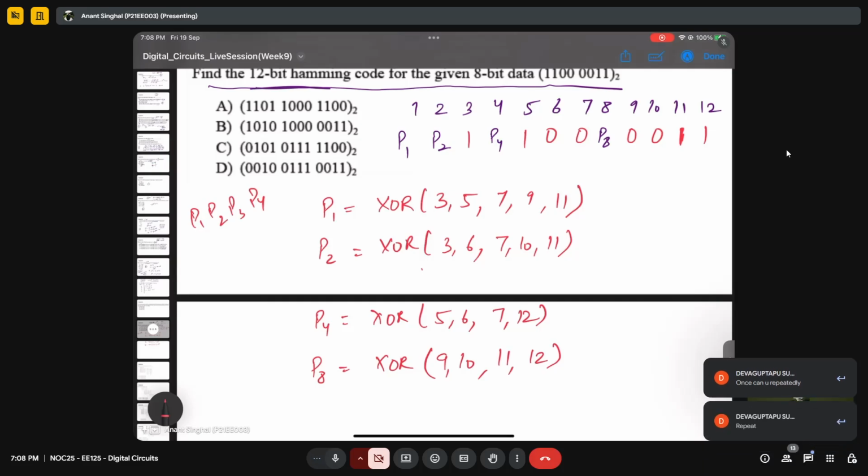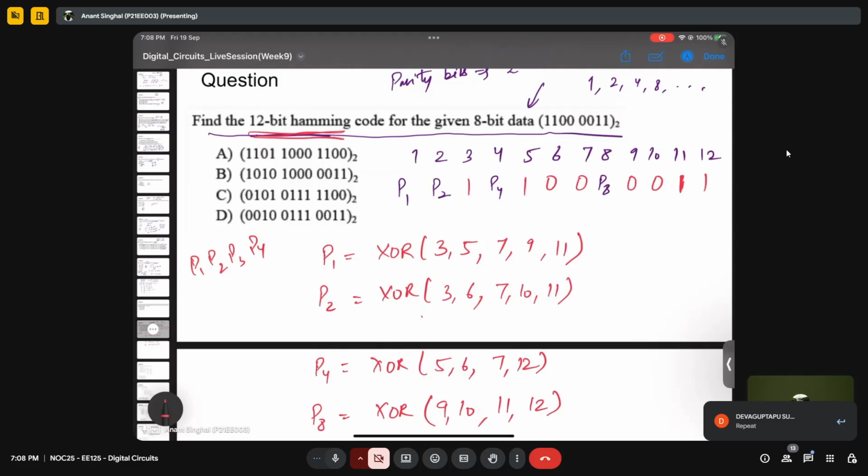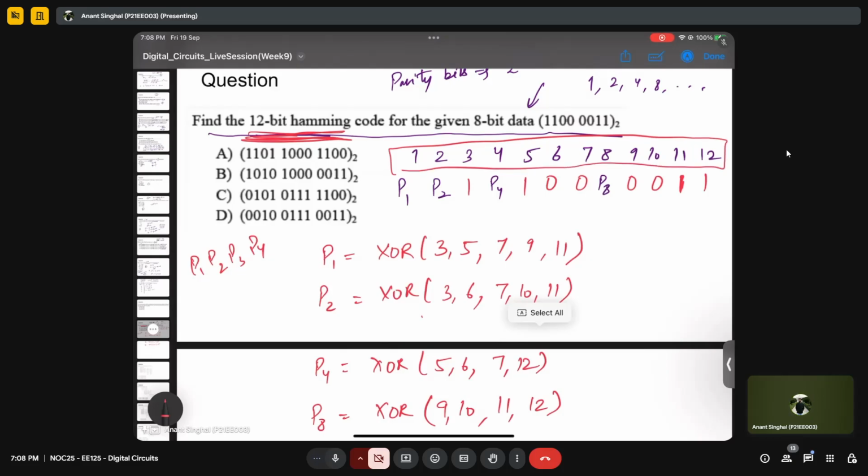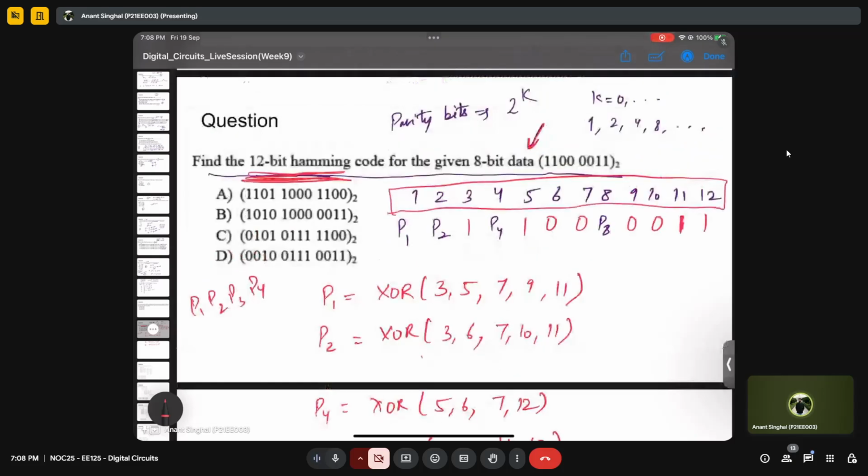So what I'm saying is we have a 12-bit Hamming code, so I've used 12 different numbers for the positions. Of the 12 bits, 8 bits are the data word and the 4 remaining bits are the parity bits.